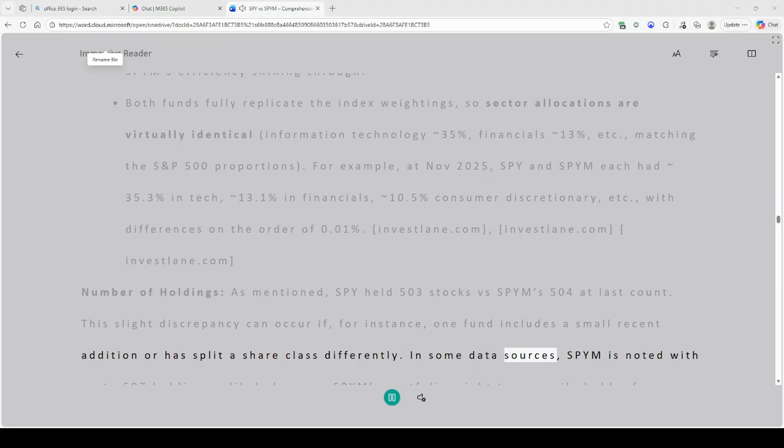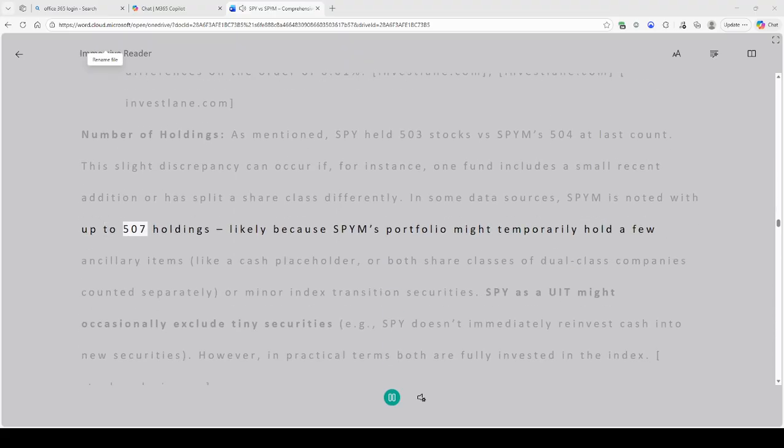In some data sources, SPYM is noted with up to 507 holdings, likely because SPYM's portfolio might temporarily hold a few ancillary items, like a cash placeholder, or both share classes of dual-class companies counted separately, or minor index transition securities. SPY as a UIT might occasionally exclude tiny securities, e.g., SPY doesn't immediately reinvest cash into new securities. However, in practical terms both are fully invested in the index.